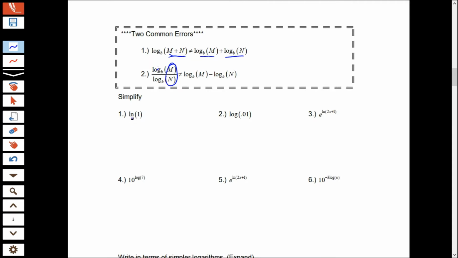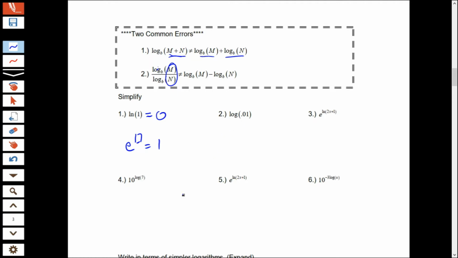So starting out, natural log of 1 is 0. Why? Because e to the what power equals 1? Yeah, that's definitely going to be equal to 0. Okay? So that was one of our properties. Here, log of 0.01. Luckily, this log here is a common log. It's a base of 10.